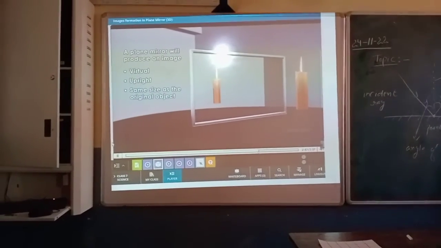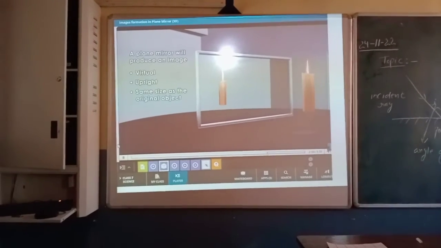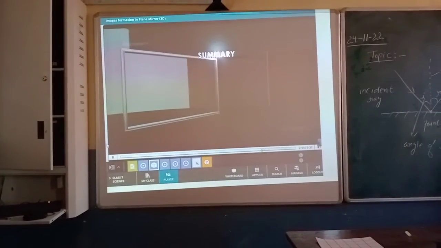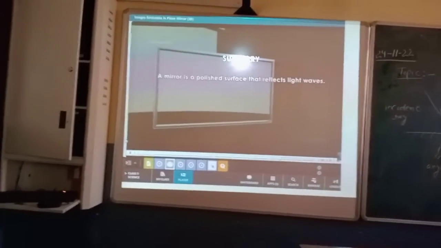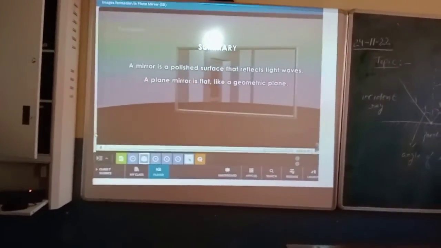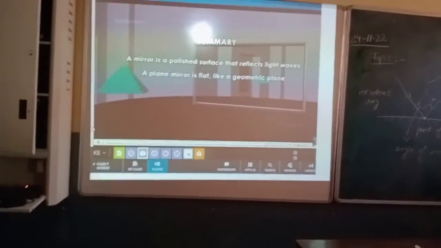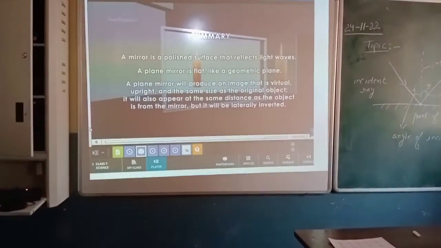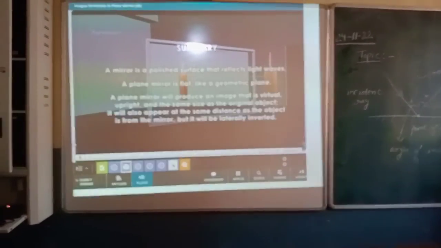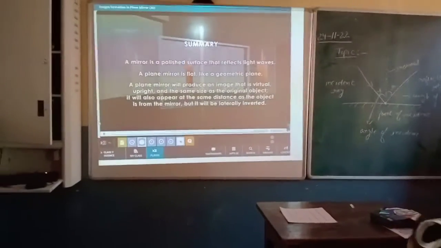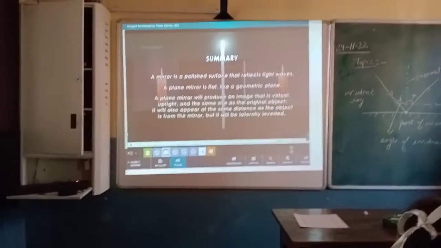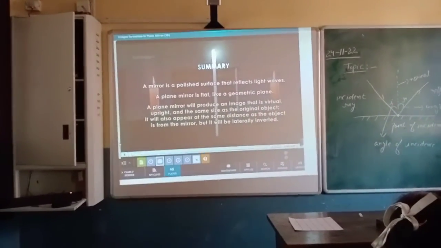It will also appear at the same distance as the object is from the mirror, but it will be laterally inverted. Summary. A mirror is a polished surface that reflects light waves. A plane mirror is flat, like a geometric plane. A plane mirror will produce an image that is virtual, upright, and the same size as the original object. It will also appear at the same distance as the object is from the mirror, but it will be laterally inverted.